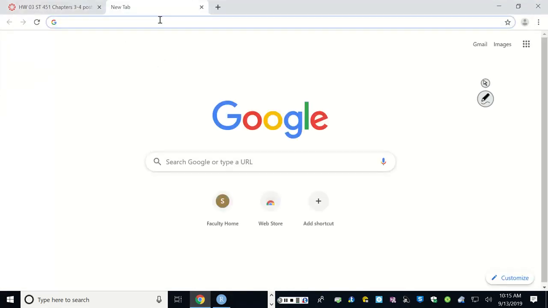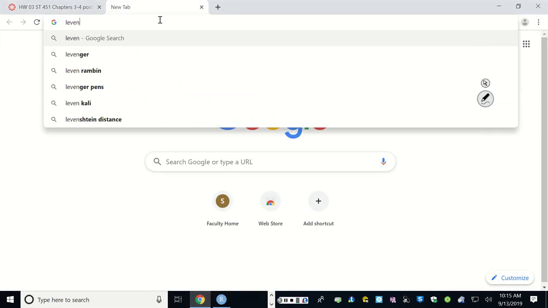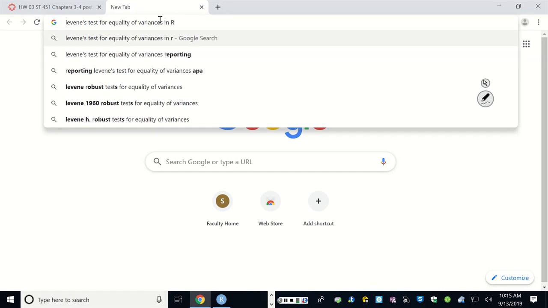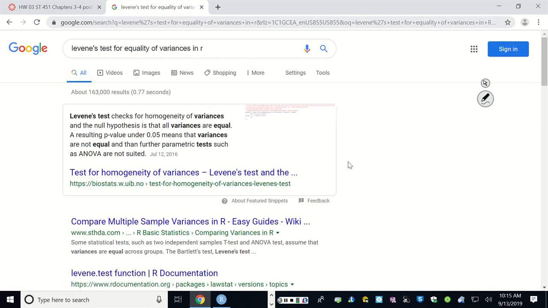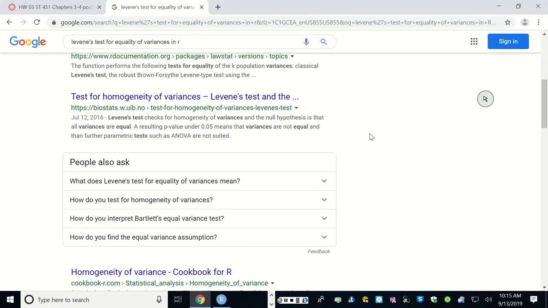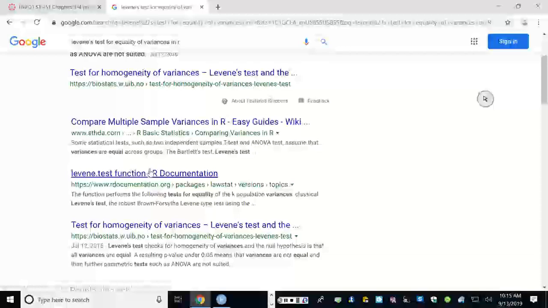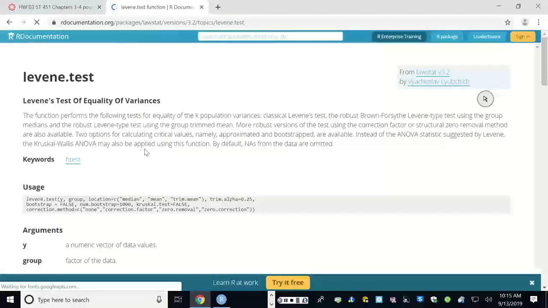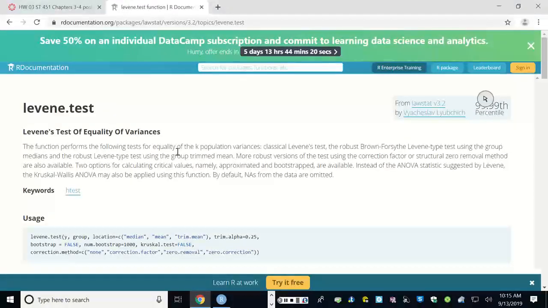Just going to Google: Levene's test for equality of variance in R. A few sites talk about it. There's some R documentation. So there's Levene's test. It happens to be in some package called lawstat.